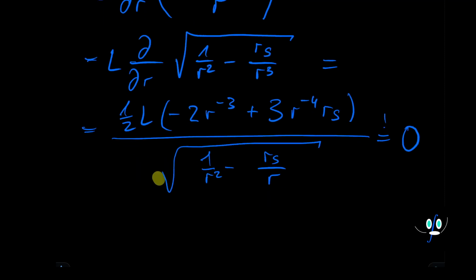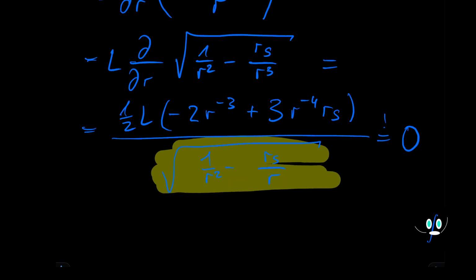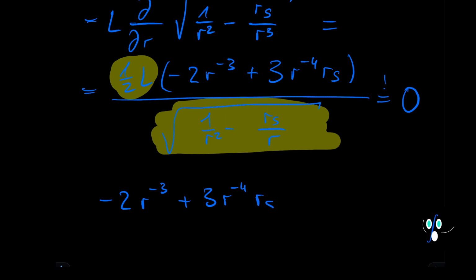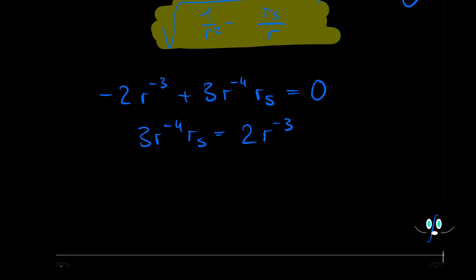Alright, so we can drop that part here, of course, because we just multiply both sides of the equation with it. So we are left with, after dropping this as well, because this is also just a constant, minus 2r to the power of minus 3 plus 3r to the power of minus 4 rs is equal to 0. So 3r to the power of minus 4 rs is equal to 2r to the power of minus 3.